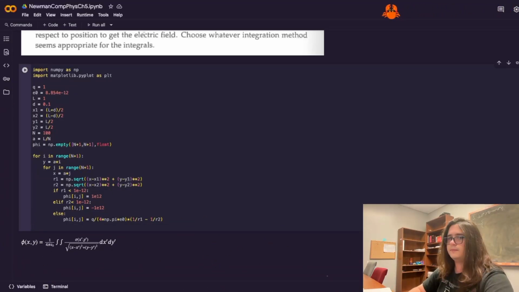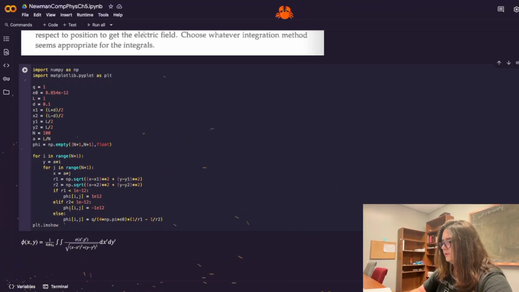Right? After all is said and done, we can go ahead and use the imshow function, mapping out phi. We are going to have to pretty stringently set the vmax and vmin arguments here. So for our purposes, 5e10 is a good vmax for this, and vmin equals minus 5e10.